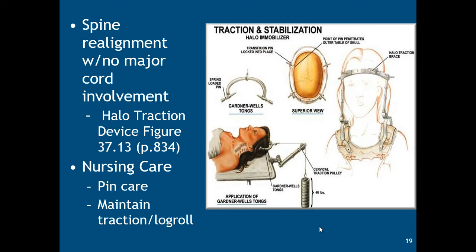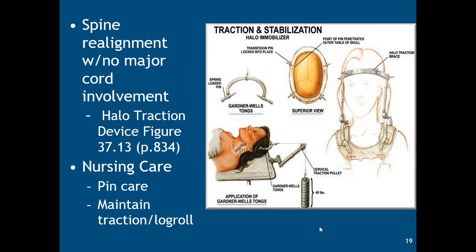They'll add weights slowly, and they'll take x-rays in between adding each weight to make sure they've added the proper amount of traction so that spinal alignment is achieved. It's very interesting, and again, it does seem very barbaric.